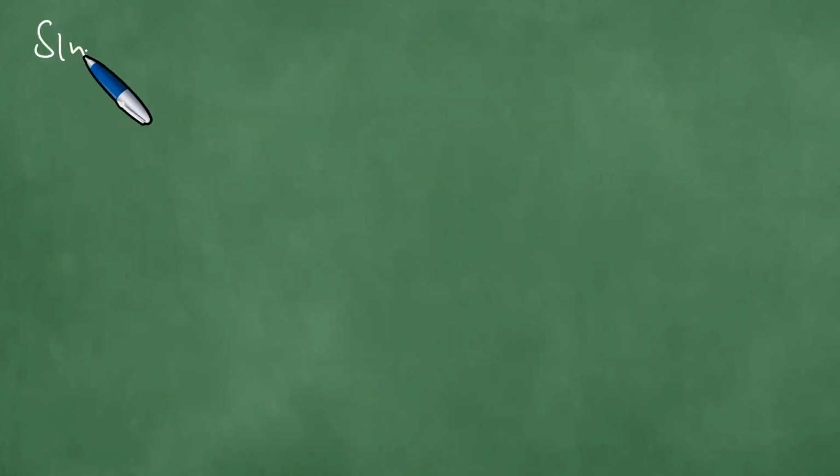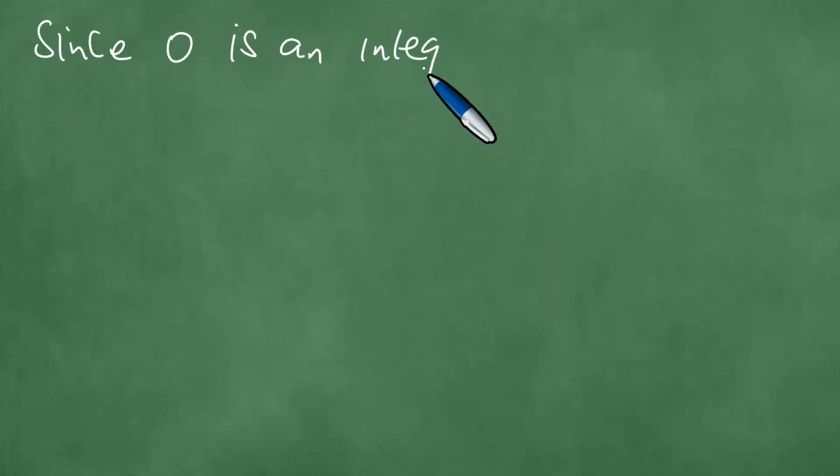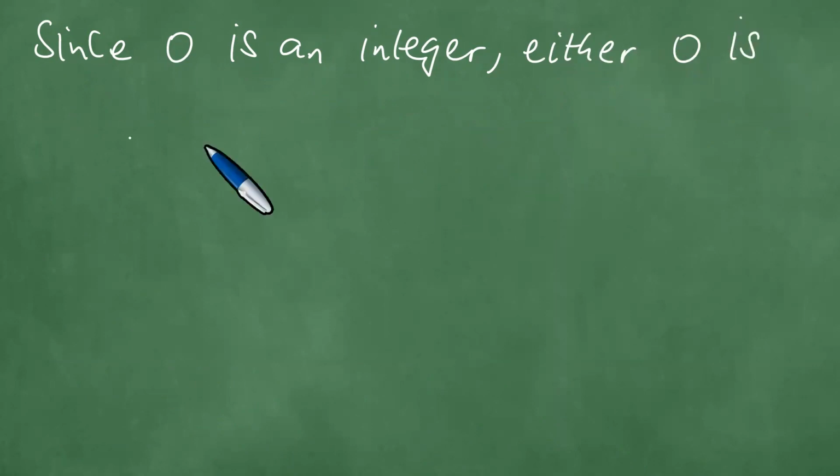Since 0 is an integer, either 0 is odd or even.